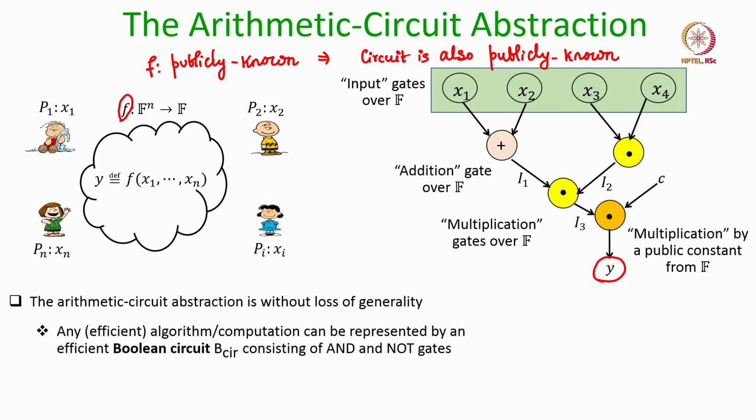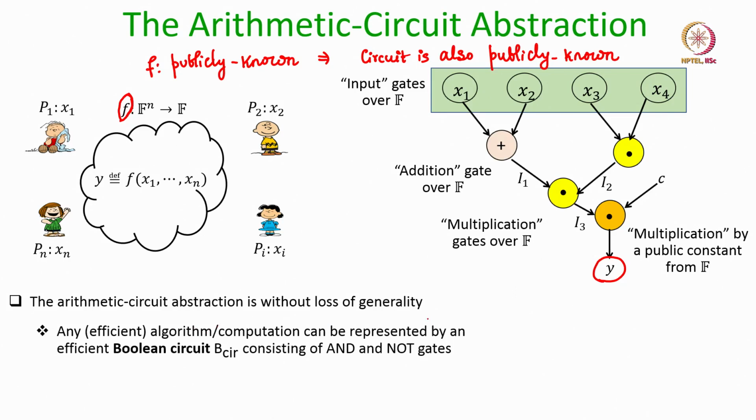Why so? Well, it is a well known fact that if you take any function or algorithm or computation, so when I say the parties want to securely compute a function, it is as good as saying that the parties want to perform some computation or run some algorithm that is abstracted by a function.